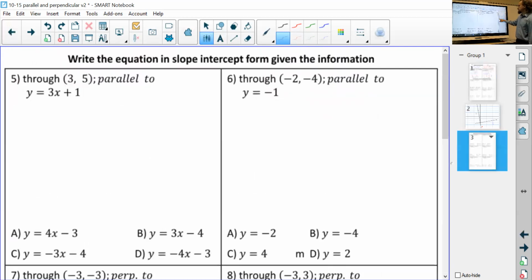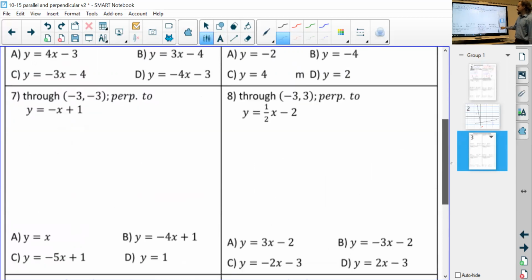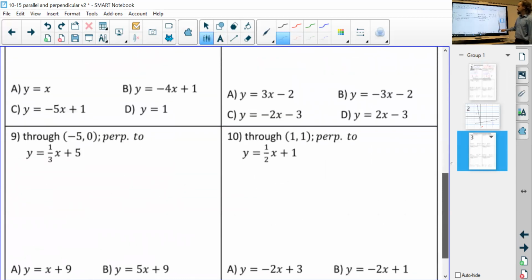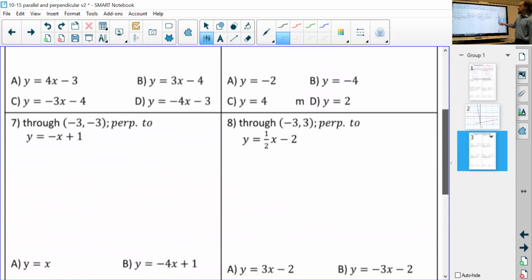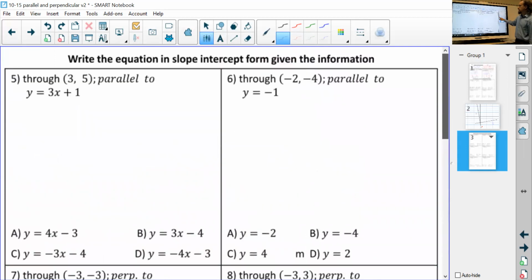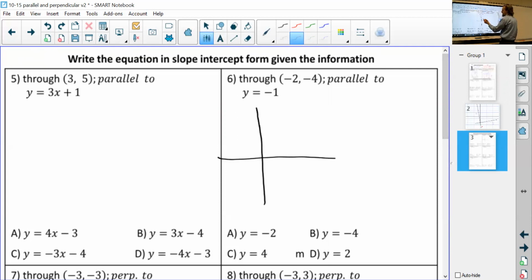There was one on here, because of the special case. Here we go. Parallel to y equals -4. So if we think about this one here, what kind of line is that? Anywhere, any value of x, y always equals -4, right? Anywhere on this line.